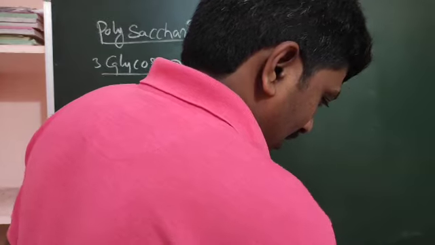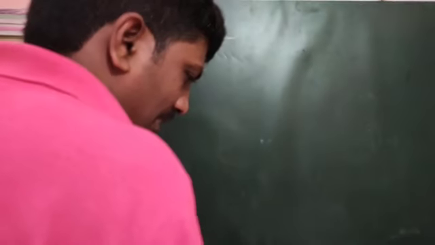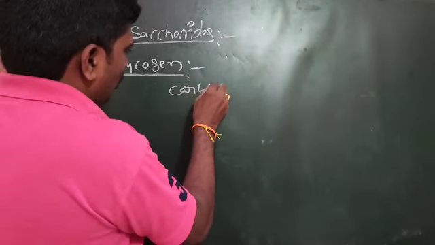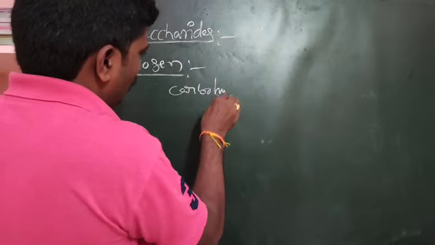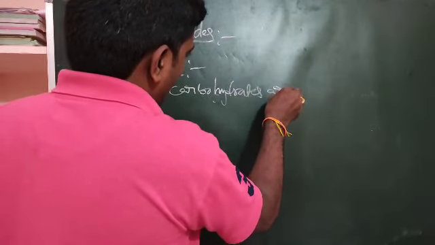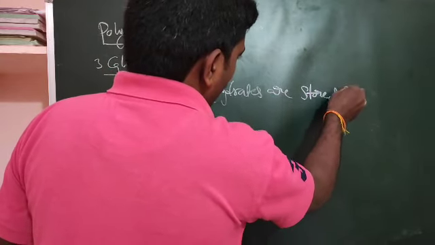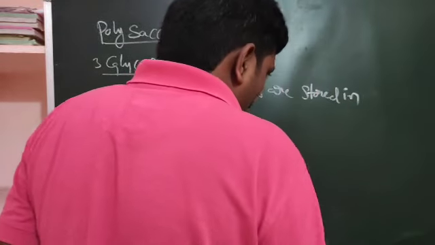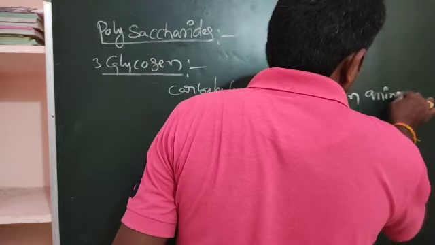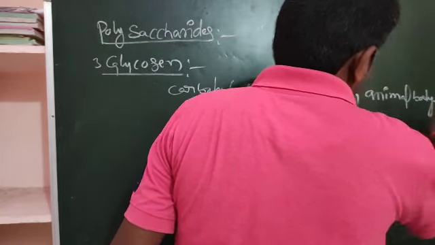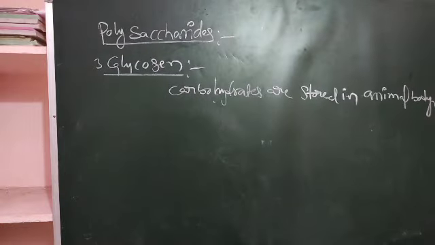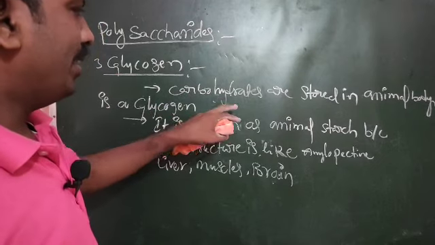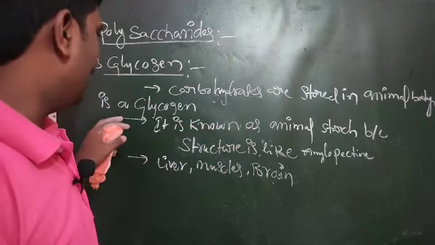Glycogen is the carbohydrate stored in the animal body. Okay, so this is glycogen. Carbohydrates stored in the animal body are glycogen.